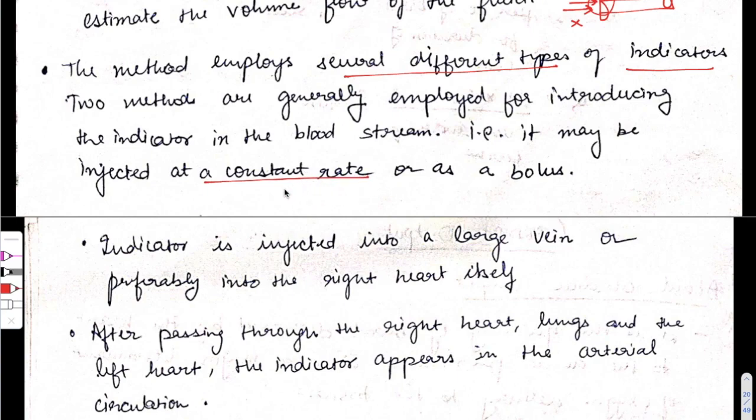The first one is the constant rate, where we introduce the indicator at a constant rate, putting some concentration into the blood at specific periods of time. Bolus means as a whole: we take this amount of indicator and put the whole indicator in one time only.